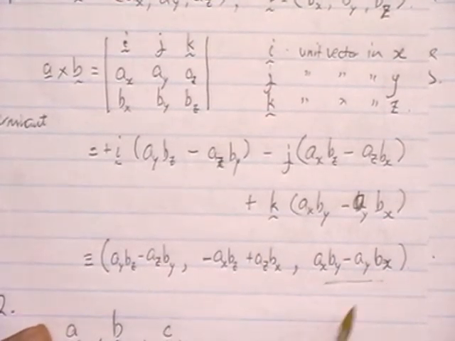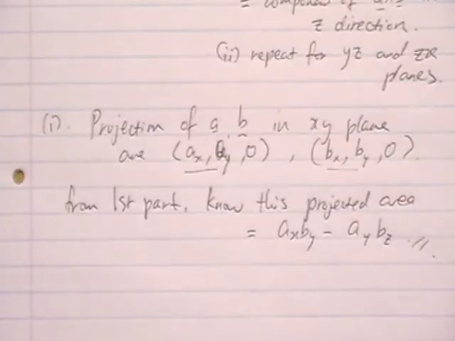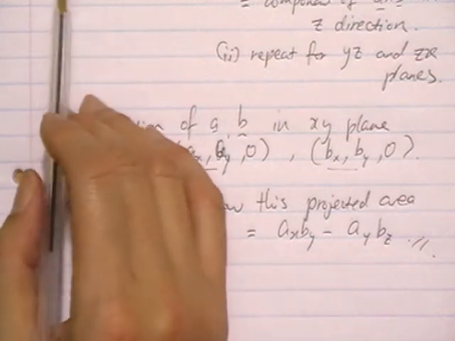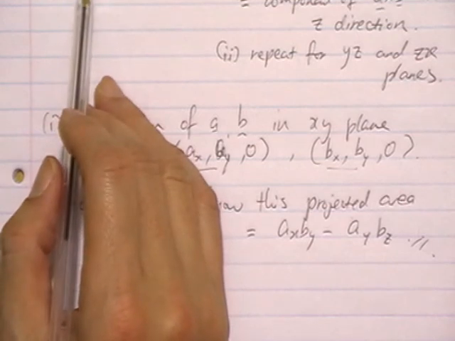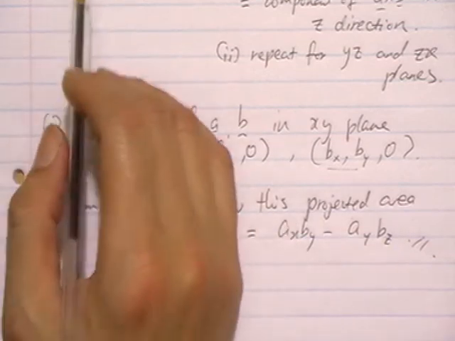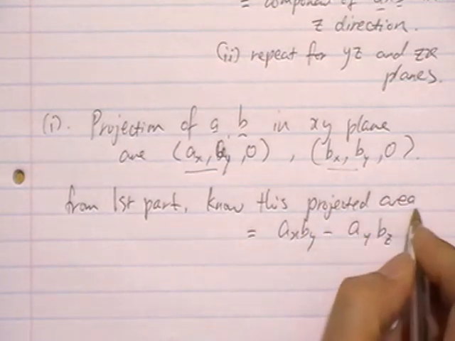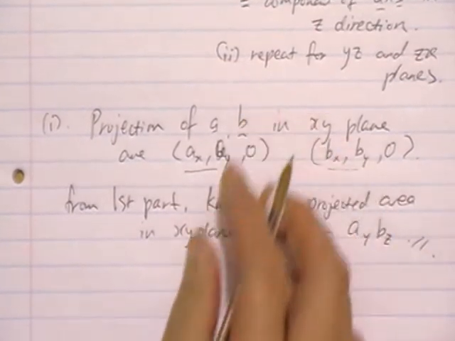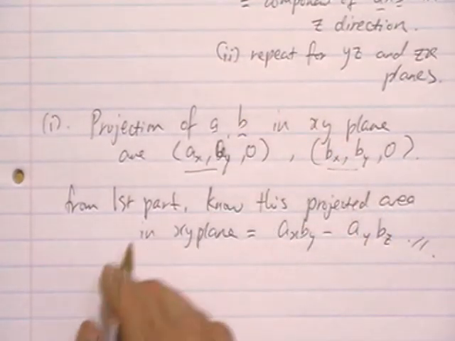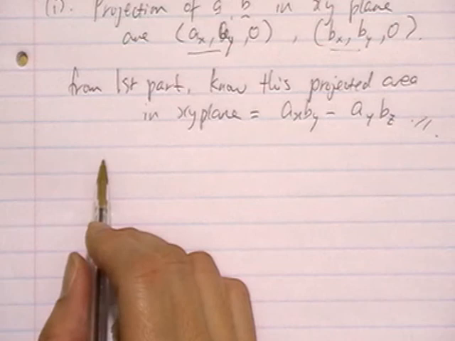I have not proven it yet. So to show that the component of this in this direction is equal to this, I need to think of another way of doing it. Okay, so this is the projected area in the xy plane. I need to do that using the definition.